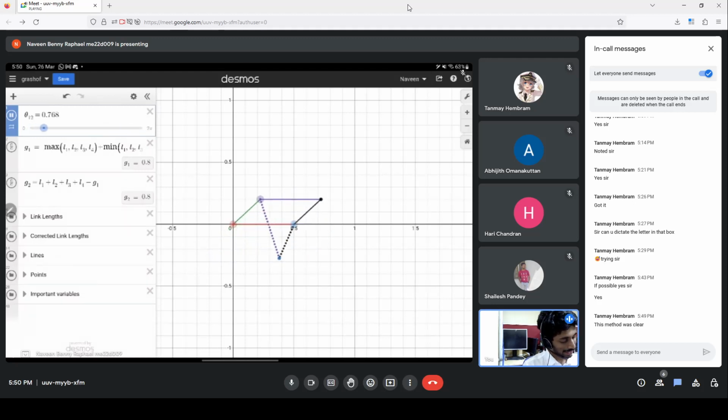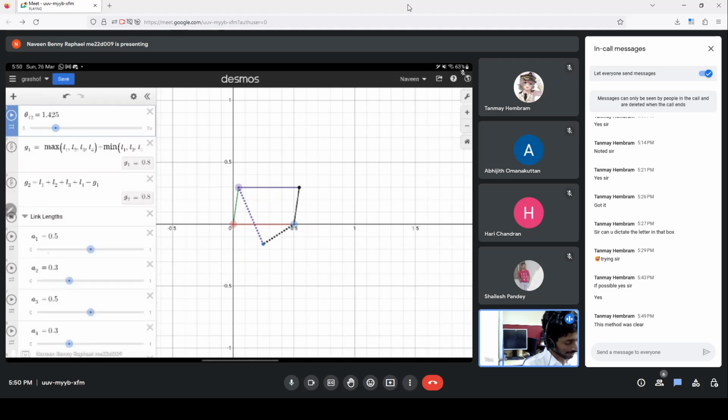You can see that this is a 4-bar linkage. Given any set of L1, L2, L3 and L4, there are always two 4-bar linkages we can form. We can call this the elbow up and elbow down configuration.